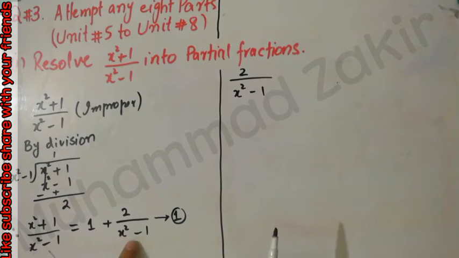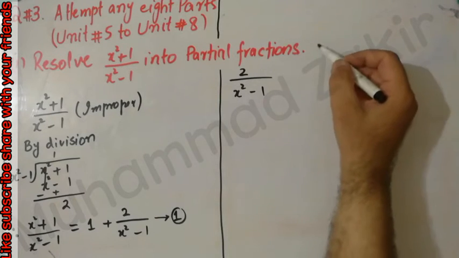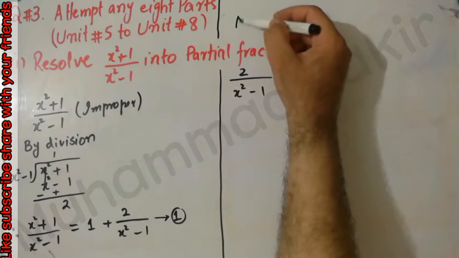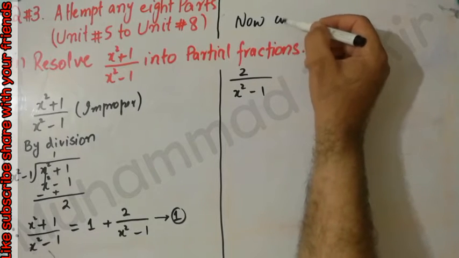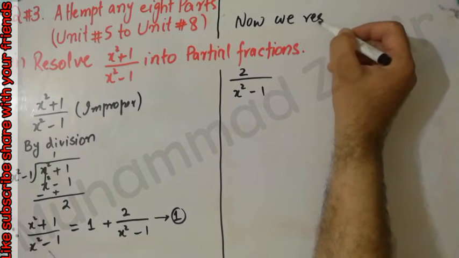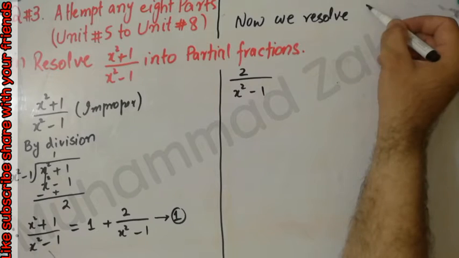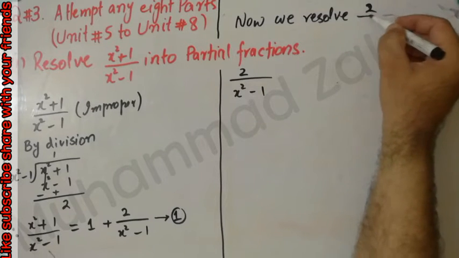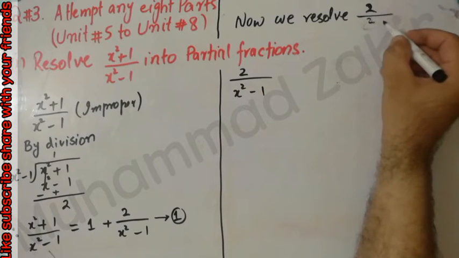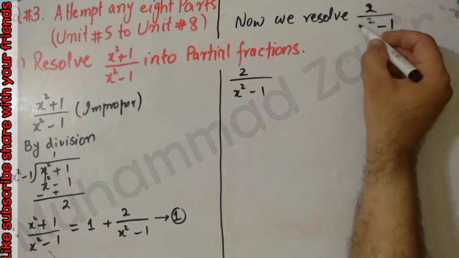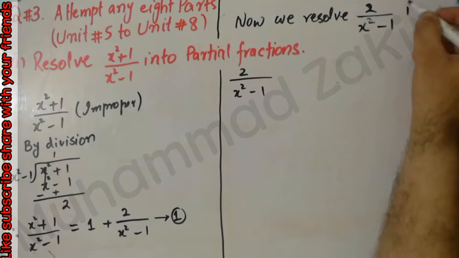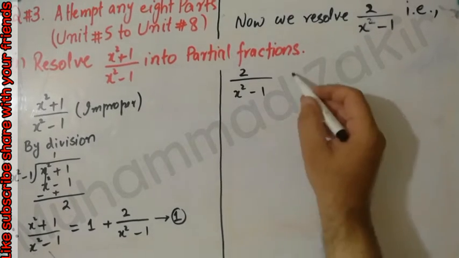Only this part is considered and is resolved. We can write here, now we resolve 2 by x square minus 1. That is, this is the resolution process.